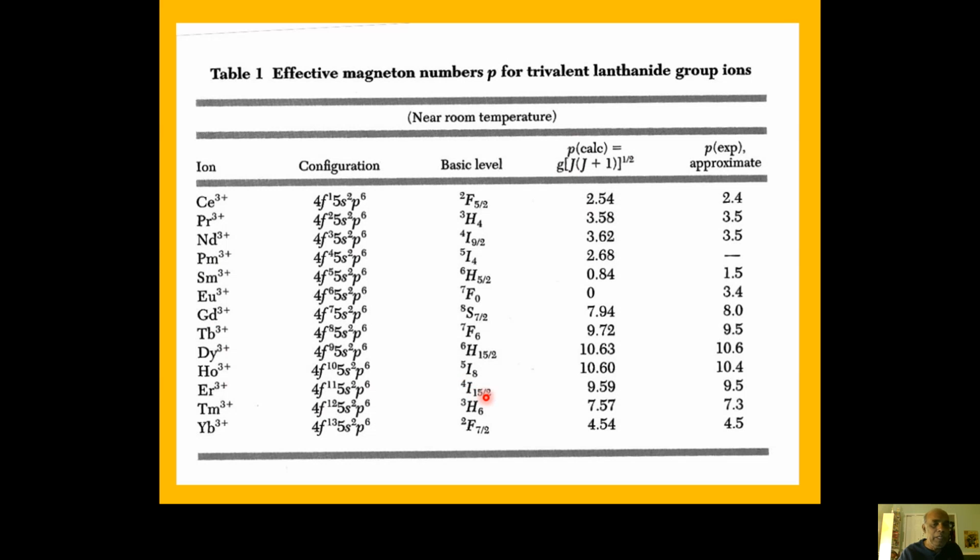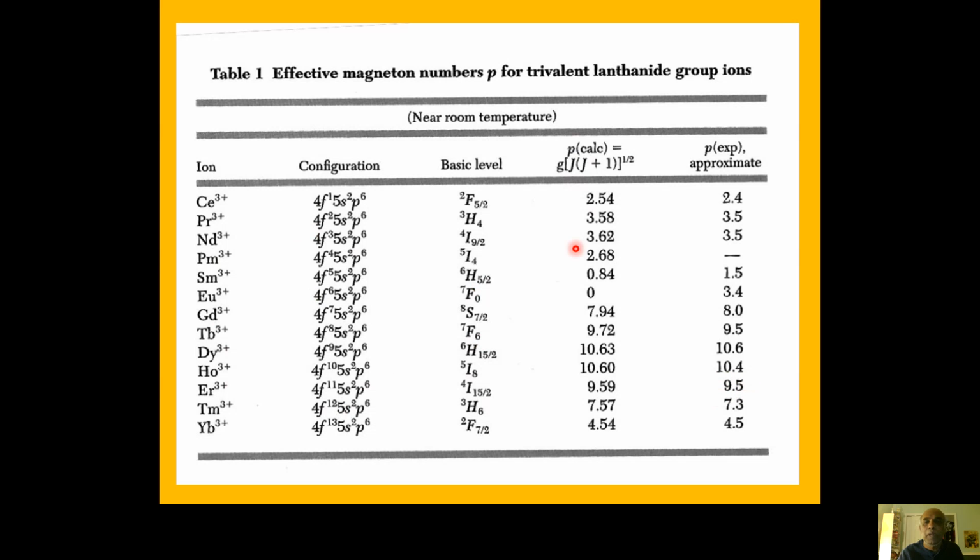That's the second example we did. So that means you have J is 15/2. So then you can put 15/2 plus 1. Then we also calculated G, the Landé g factor. I remember it was like 1.2 or something. So now if you calculate that p-value, you get 9.59. But experimentally, people measured a value that comes very close to that.